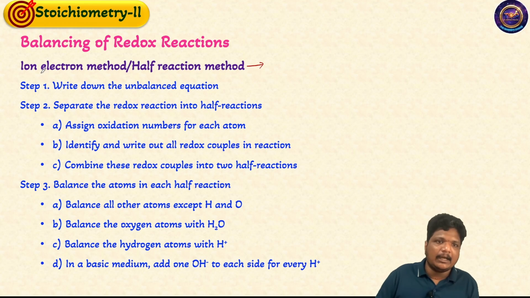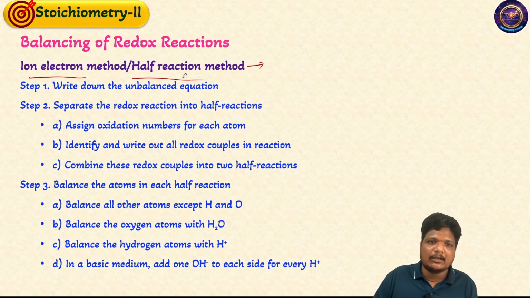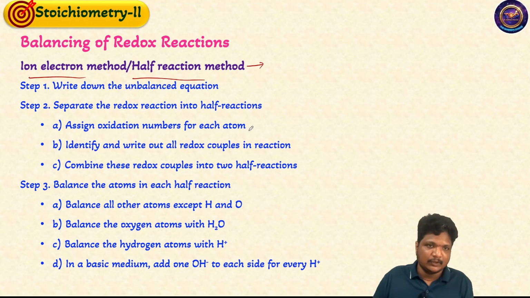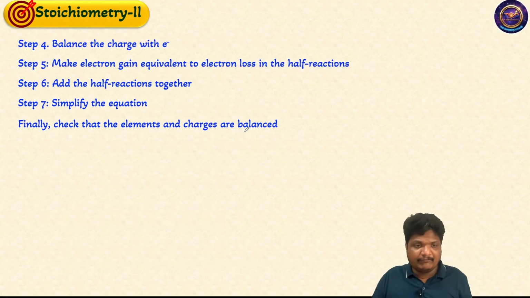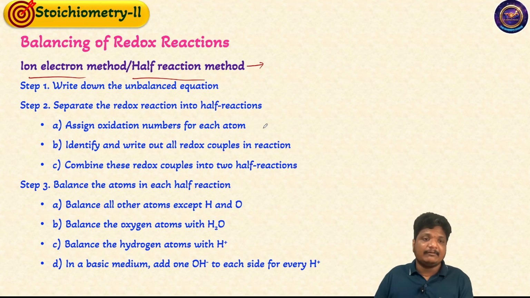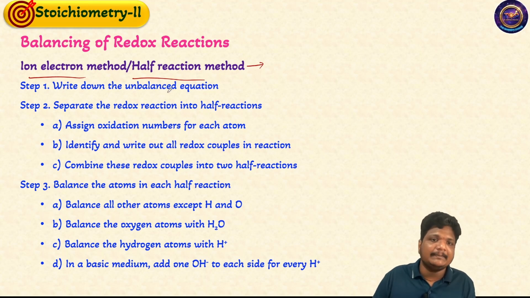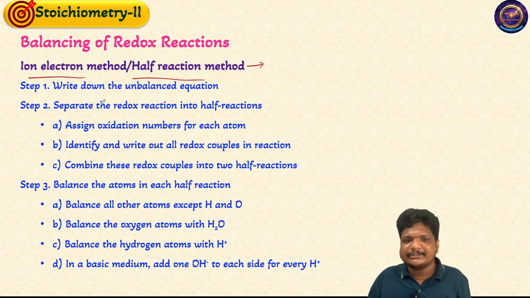The ion electron method is also called the half reaction method. Here there are a total of 7 steps. In the first step, we have to write down the unbalanced equation. In step 2, separate the redox reaction into two half reactions, one is the oxidation half reaction, another one is the reduction half reaction.